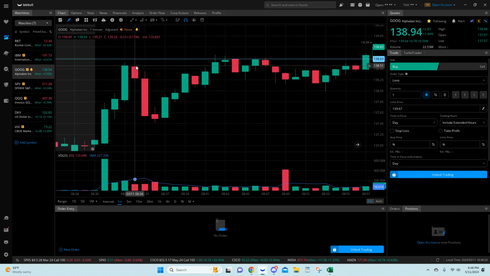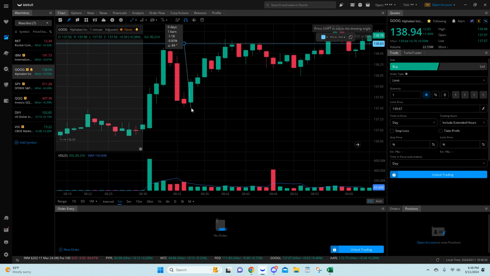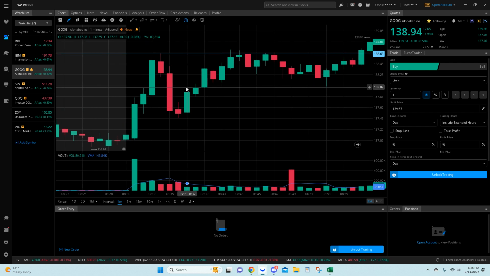So again, trigger here at 8:34, and we made almost a dollar move down. Looking at this from a percent view, this is a minus 0.84% drop in less than 3 minutes. That's a significant drop on weekly contracts. So we're going to go over the contract as well.